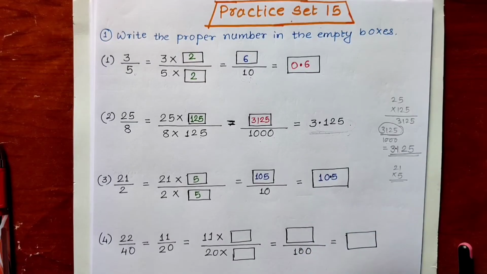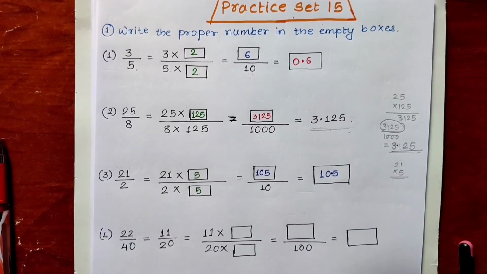Now let us see this fourth sum. In the fourth sum, the first number is 22 upon 40, and then it is converted into 11 upon 20. It is reduced as 11 upon 20. Now ignore this number. You should not look at this number. From this number the remaining sum we will have to write.